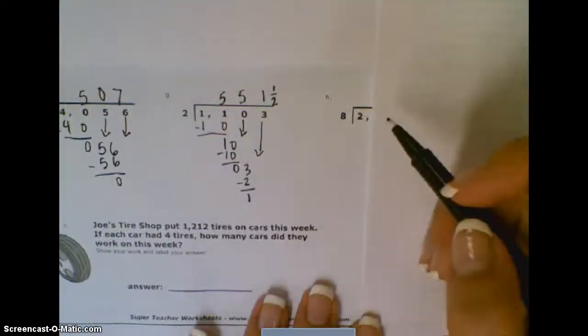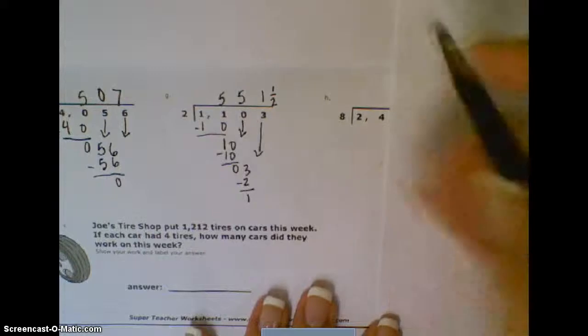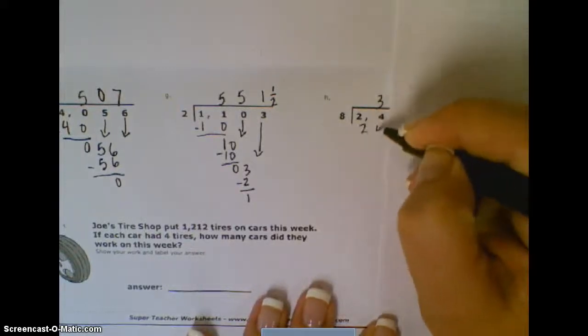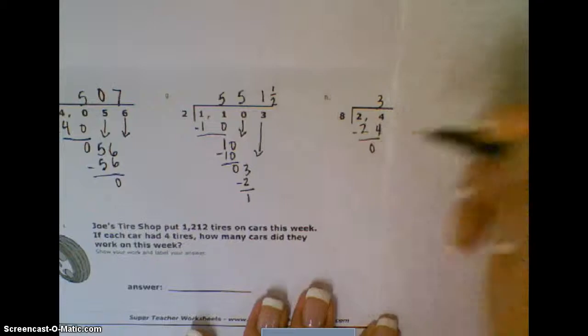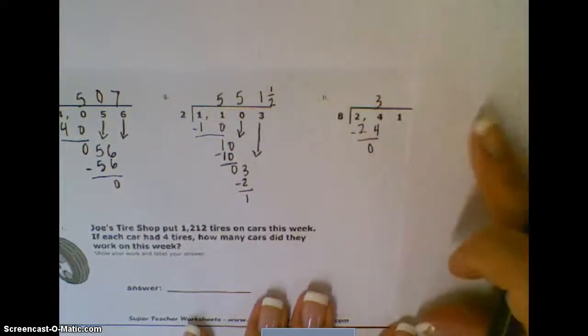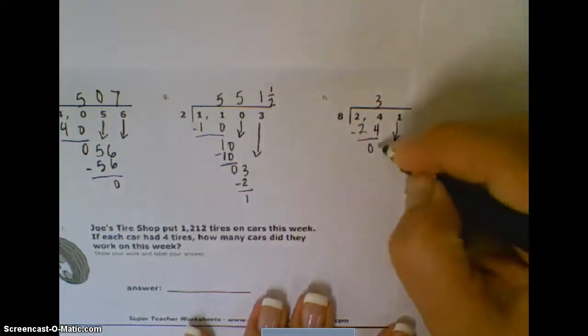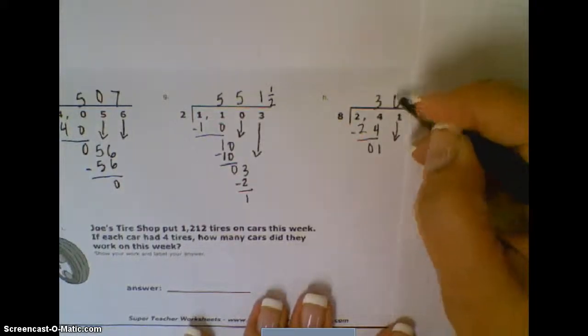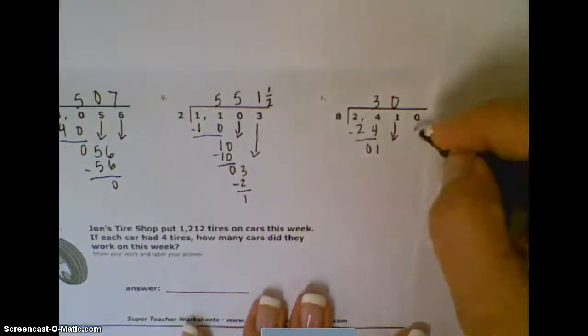This one, 8 goes into 2. Well, it doesn't, so I move over. 8 goes into 24 3 times. I subtract and I get 0. Check. Is it smaller than the divisor? It is, so then we move over. Bring down the 1. 8 times nothing will get us 1, so I need a 0 there. And then we'll bring down our last one.